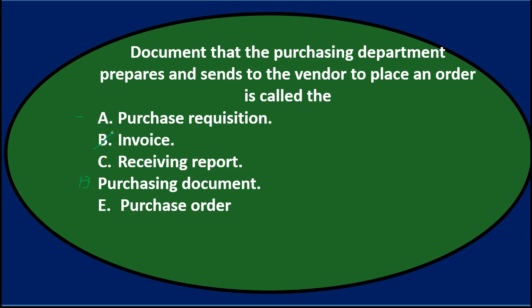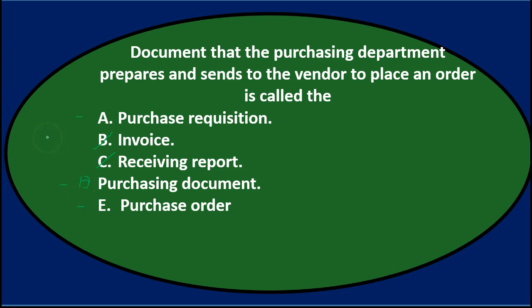C is a receiving report. It might sound reasonable, but really that's going to be the report that we get when we get the stuff. So that's actually not it. That's not the request. D says purchasing document. It sounds kind of reasonable. I'll keep that for now. And E says purchase order.